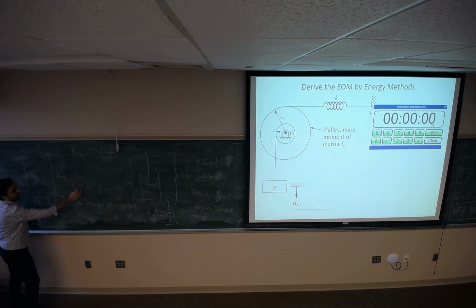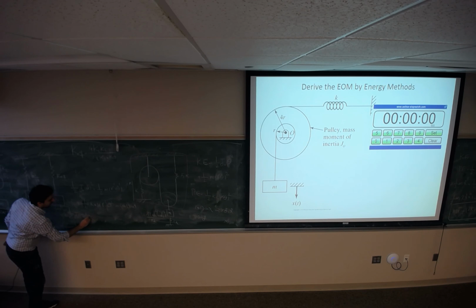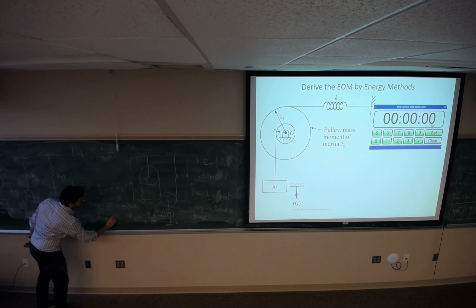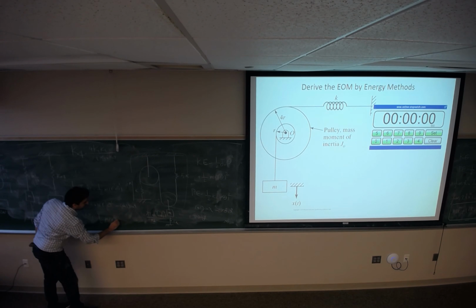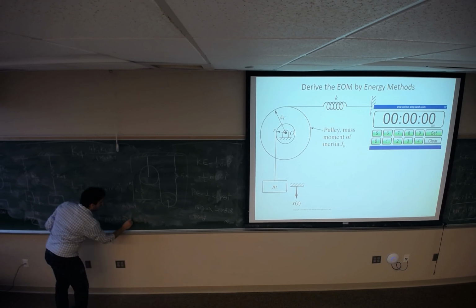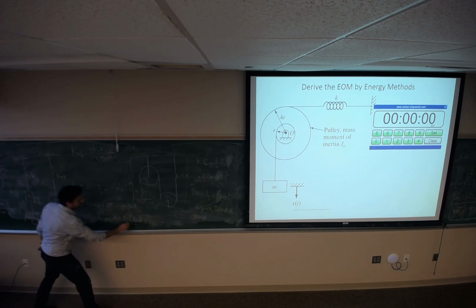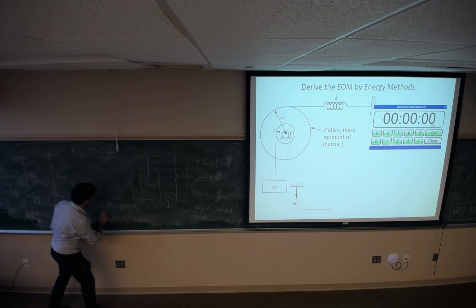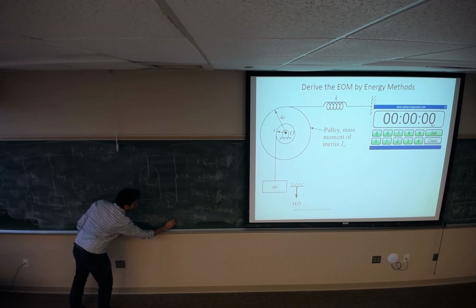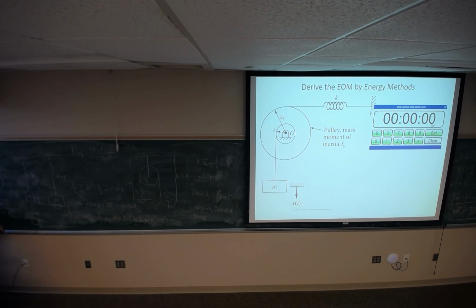Take the derivative with respect to time: half of J naught 2 theta dot theta double dot, plus half of M R square 2 theta dot theta double dot, plus half of K 16 R square 2 theta theta dot. This equals 0.